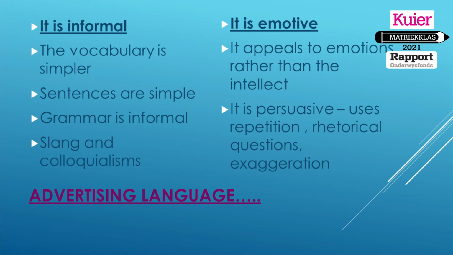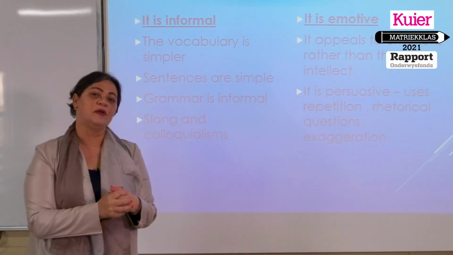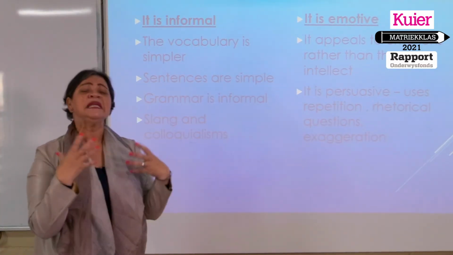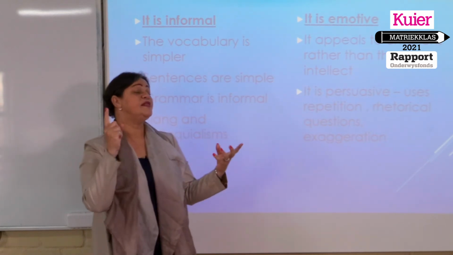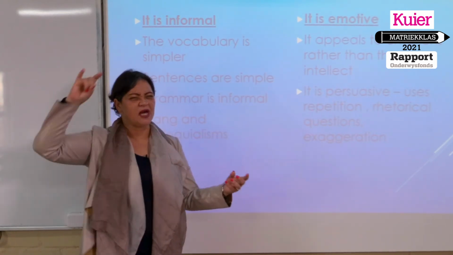Okay? Then the grammar is also informal. So they are going to use a more relaxed way when they do this. Also, there will be slang and colloquialisms. Okay, so those are two perfect examples of informal language, because when we think about the hard rock ad again, we're gonna rock on.